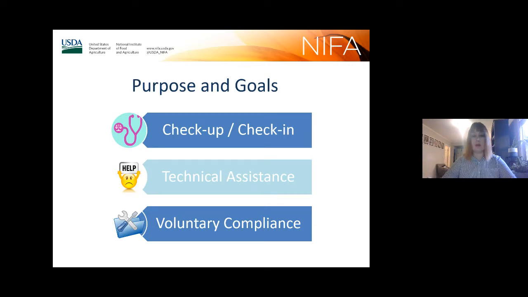And that whole process that we're going to talk about today is a process of voluntary compliance. And that is required by our implementing regulations, that we attempt to effectuate voluntary compliance. That does not mean that compliance with civil rights laws is voluntary.